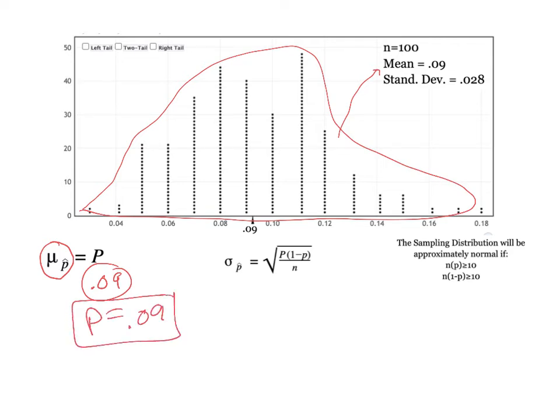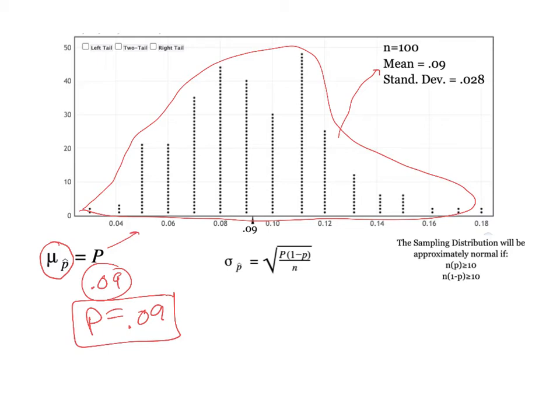The 9% of the people on planet Earth have blue eyes, all right? So that's a really good way to find a parameter, is to find the mean of a sampling distribution. And the big thing here is to realize that every sampling distribution, if done correctly, if I take the mean of it, it's going to equal the population parameter. That is the main thing to take from that.